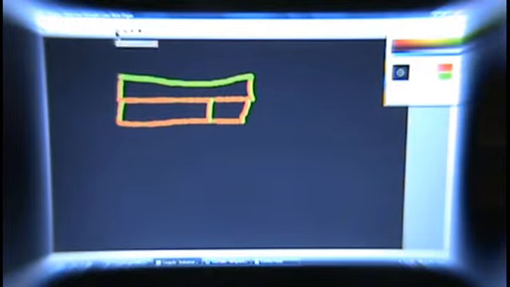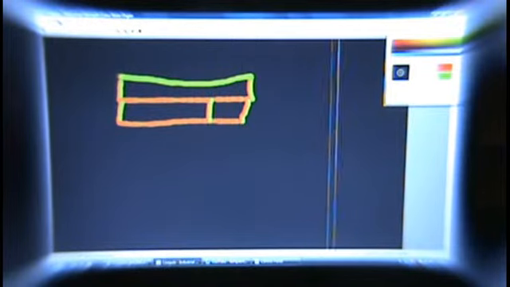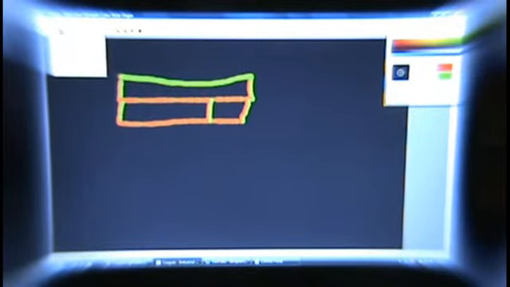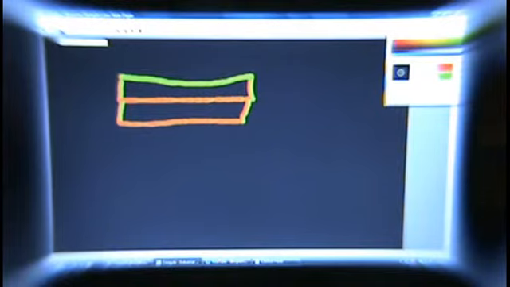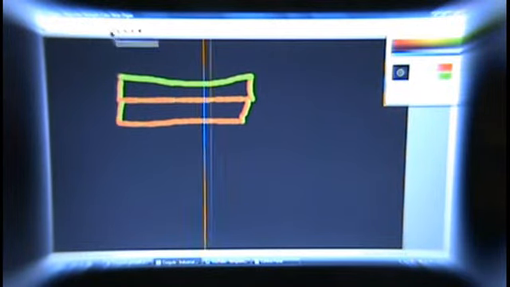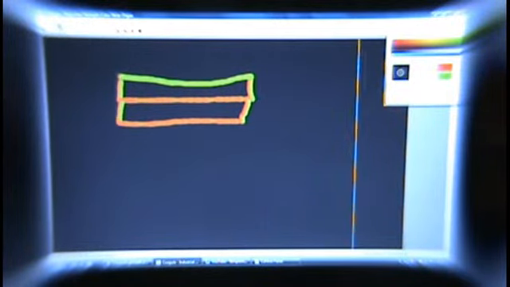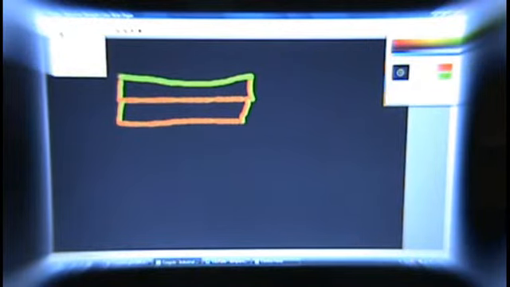Take away that one. Sonify that. And take away a little vertical bar there. Create the penultimate symbol. And finally, the last symbol of all.